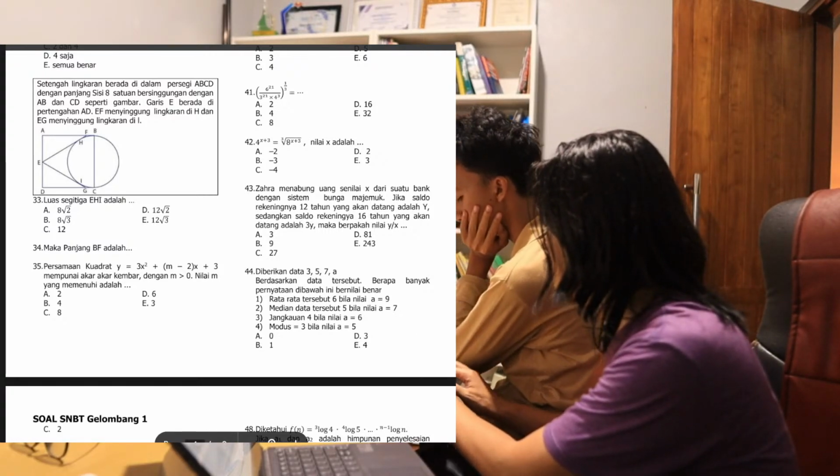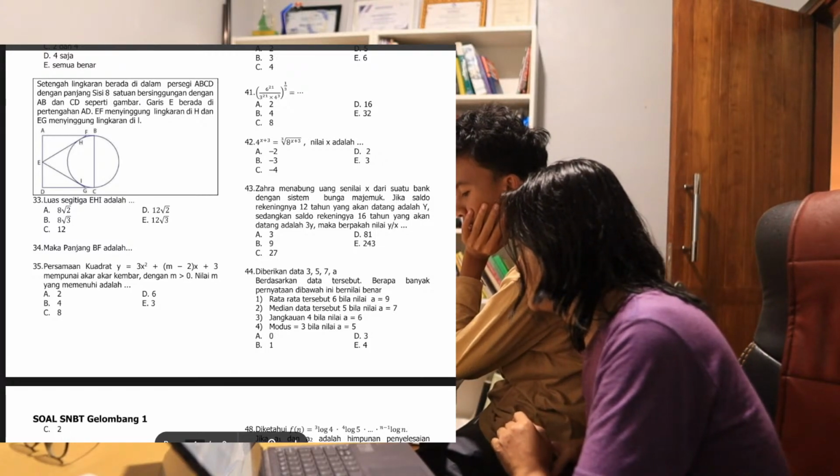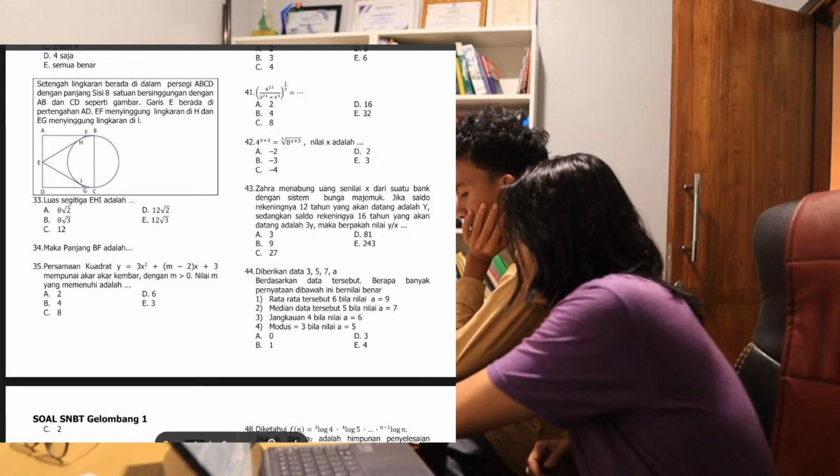It's ugly, but what am I supposed to do with this? This is still squared. You need to divide 4 squared by this one.